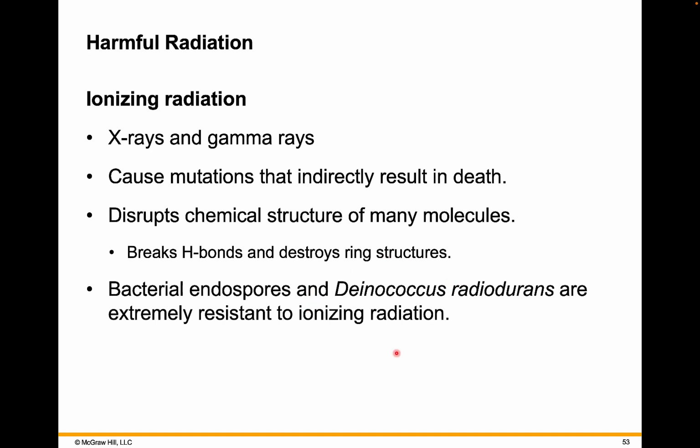There are special chemicals in association with their DNA, and their DNA is converted from the B form to the A form, and in that form, their DNA remains very resistant to even ionizing radiations.